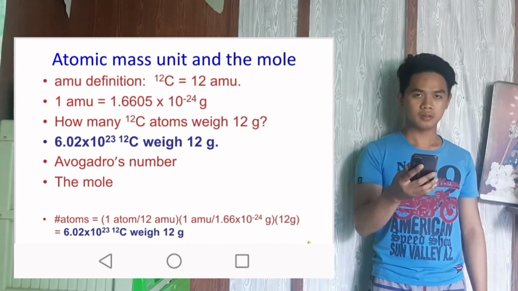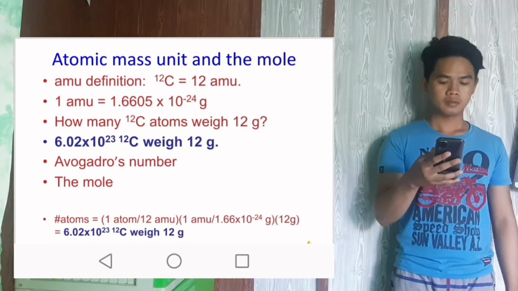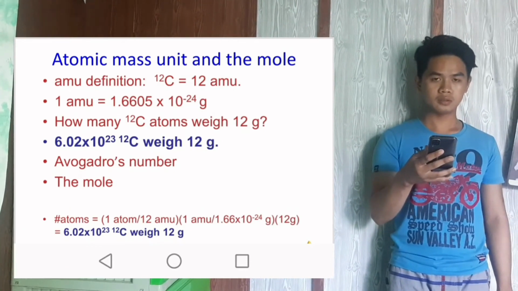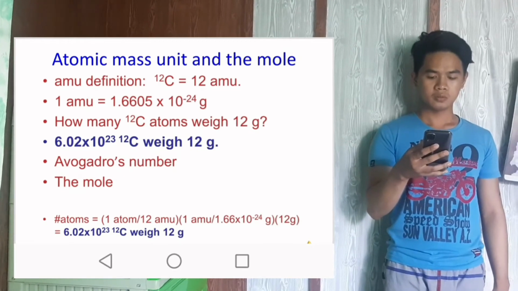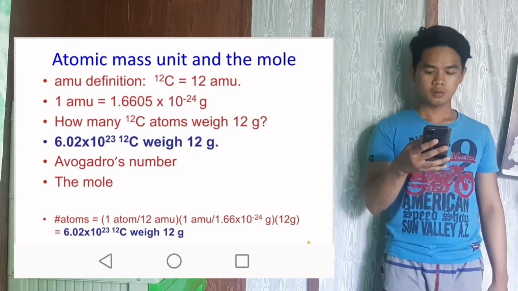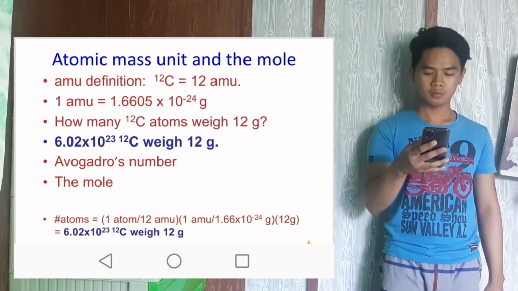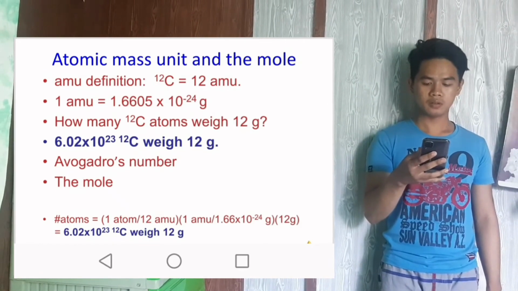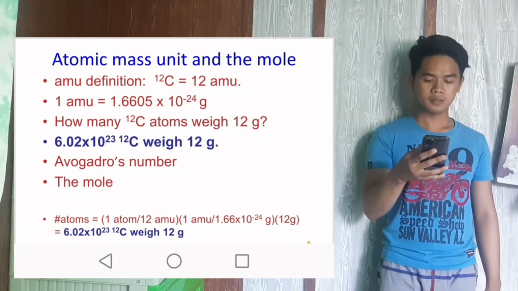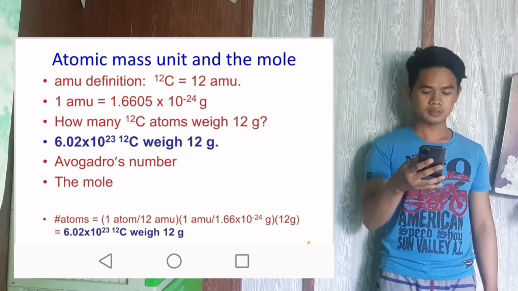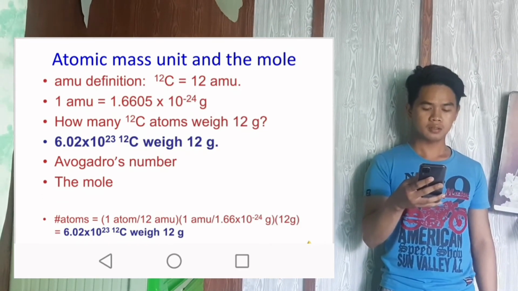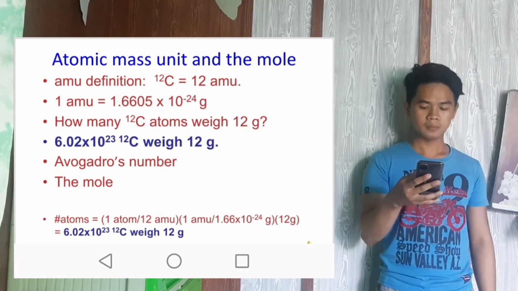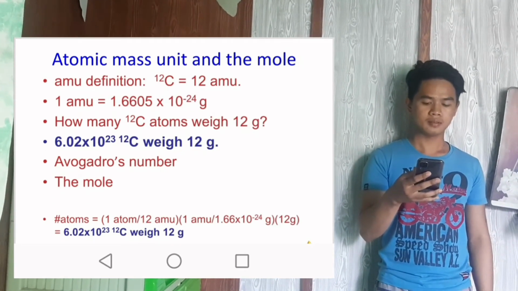Avogadro's number, the mole. Number of atoms equals 1 atom over 12 amu, times 1 amu over 1.66 times 10 raised to negative 24 grams, times 12 grams, equals 6.02 times 10 raised to 23 carbon-12 atoms weighing 12 grams.